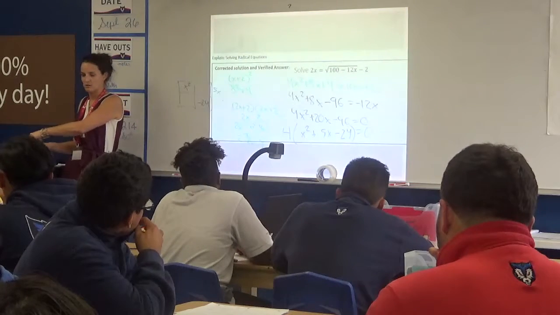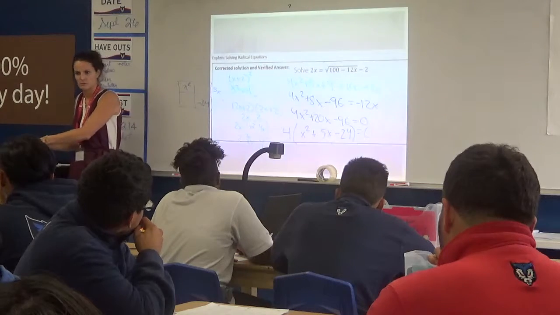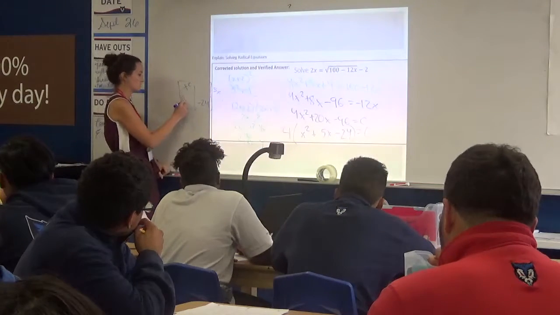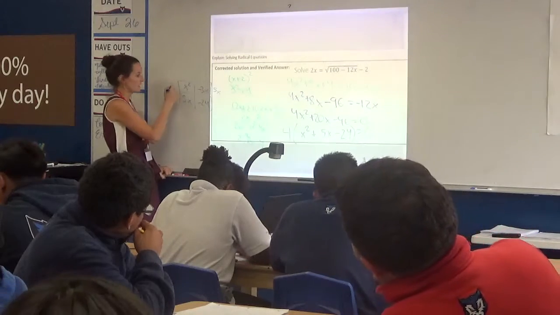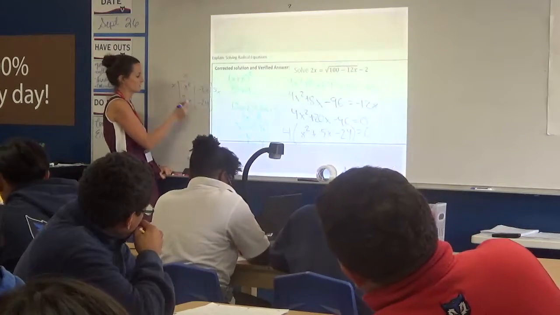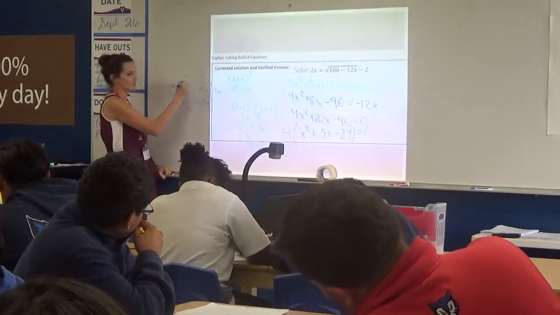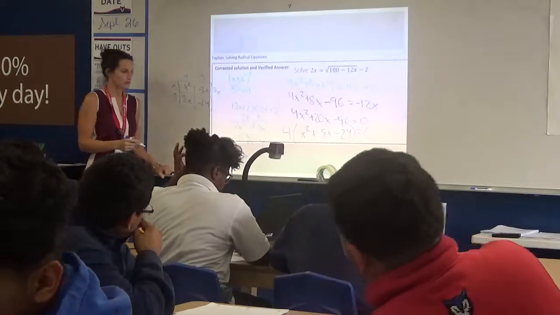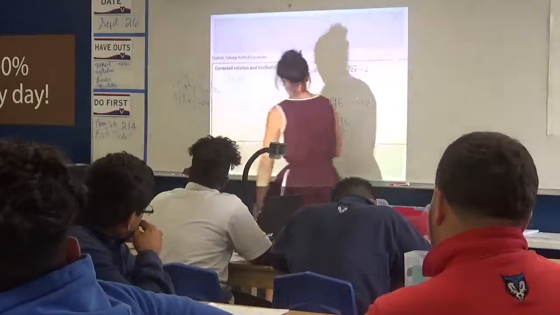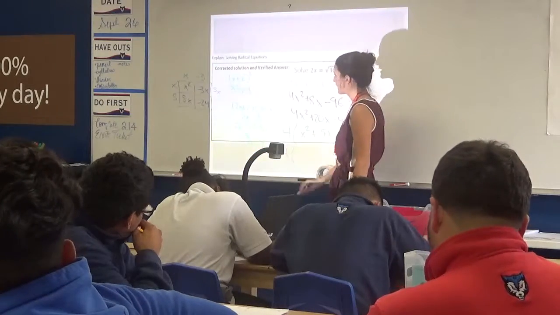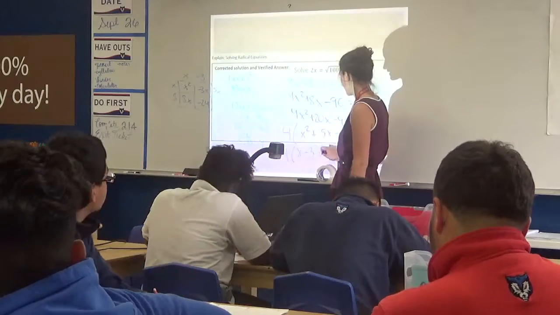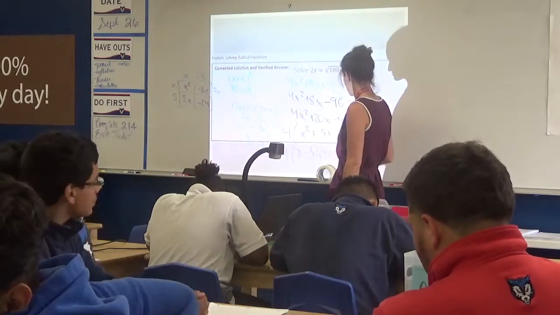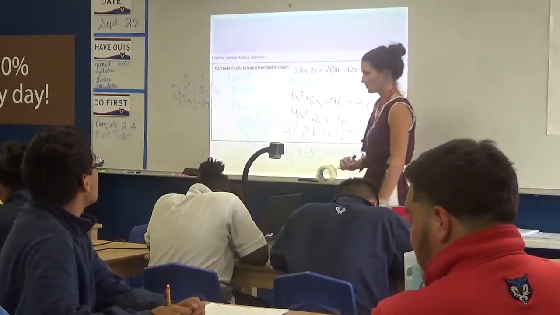Gio? 8 and negative 3. Cool. So we have x, 8, and minus 3. So factored, we end up with 4 times x minus 3, x plus 8 equals 0.